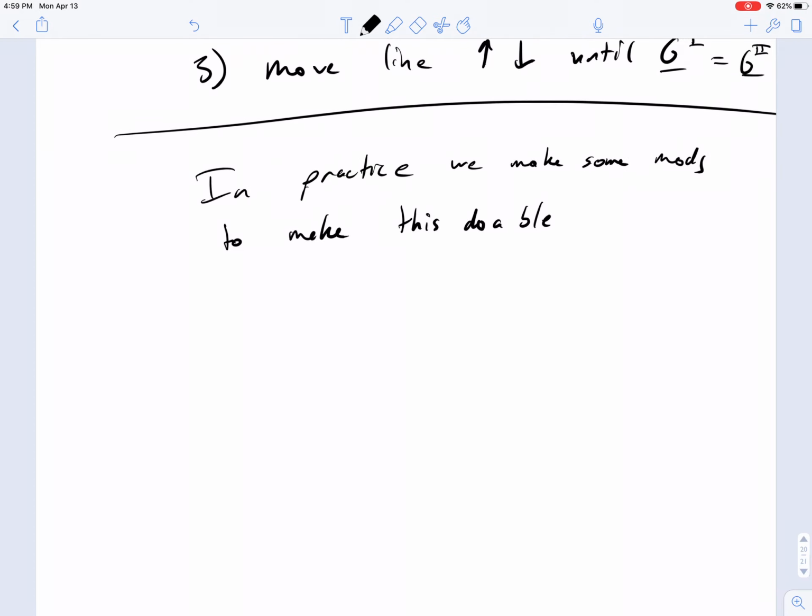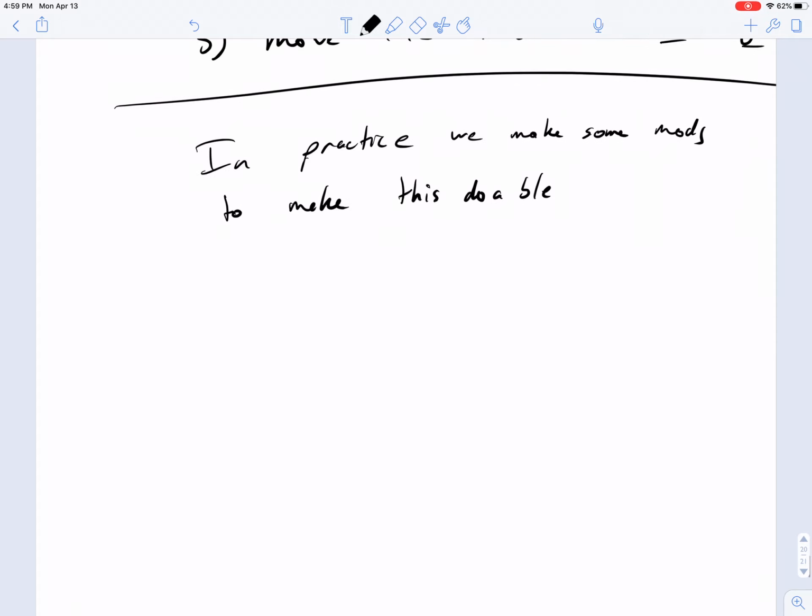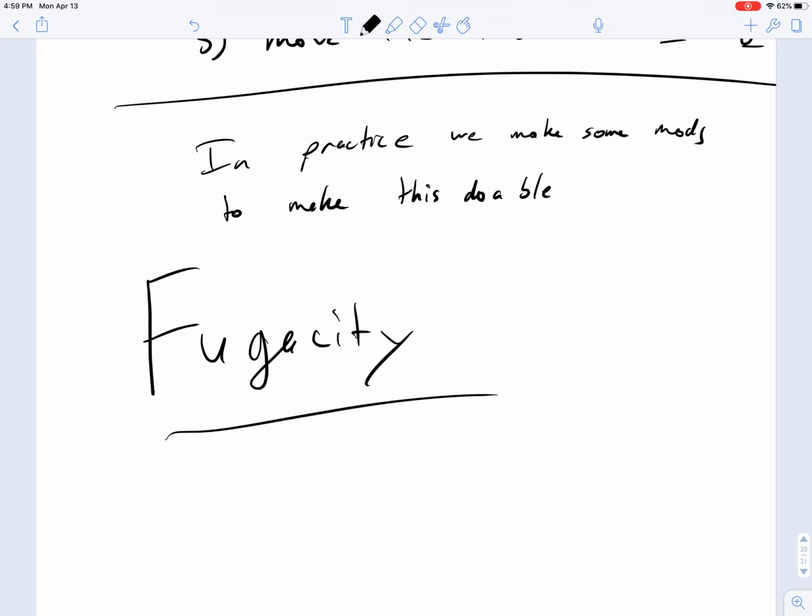And it's a frightening thing that even appears in pop literature once in a while. We have to tackle this thing called fugacity. And that is what will come on the following day of material for this course.